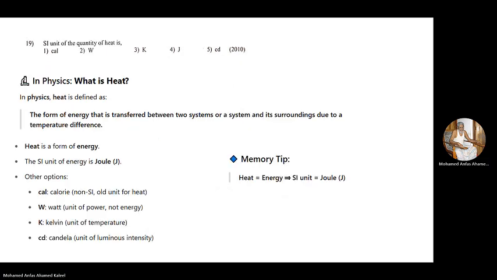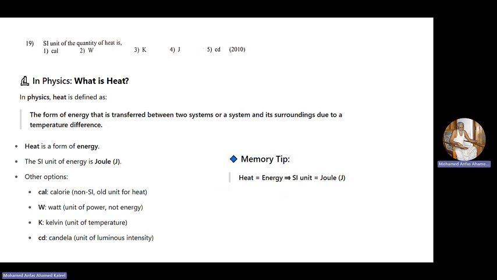Okay. SI unit of the quantity of heat. The 19th question is from year 2010, a past paper question from 2010. You should know what is heat. Then you can directly choose the answer without any confusion. In physics, what is heat?